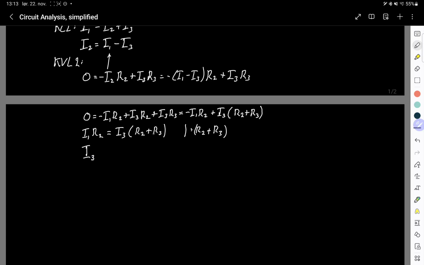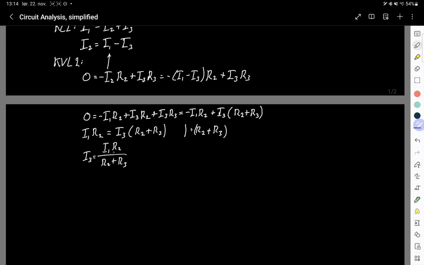I've divided and flipped it because I want the answer on the left side. That's just convention. You can of course just write I1 R2 divided by R2 plus R3 equals I3. I just like it the other way around. It means exactly the same.